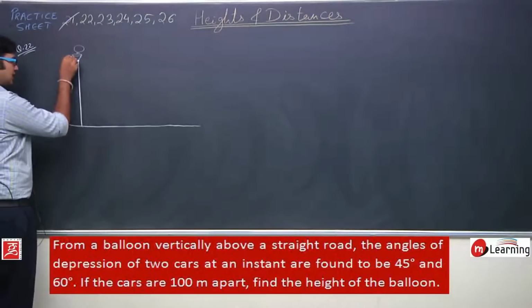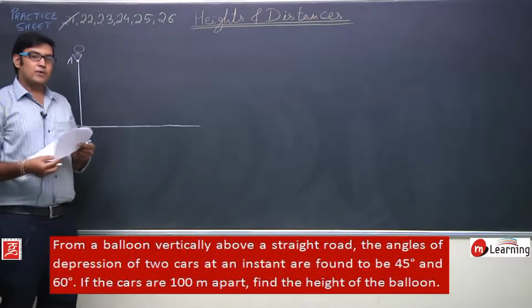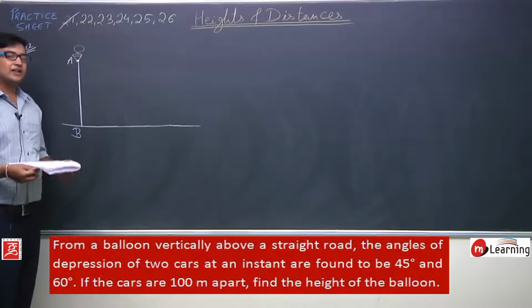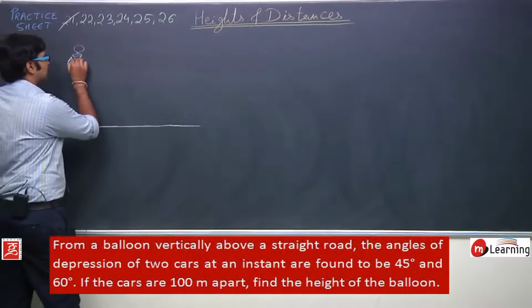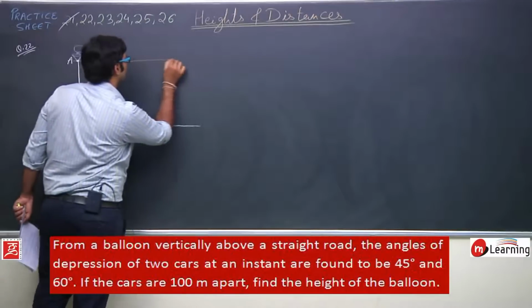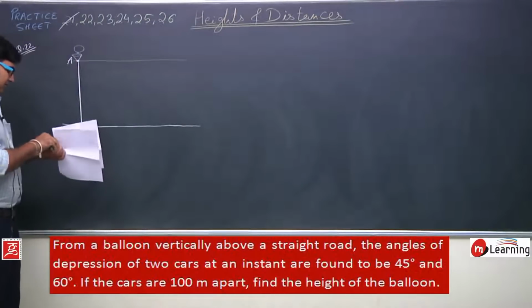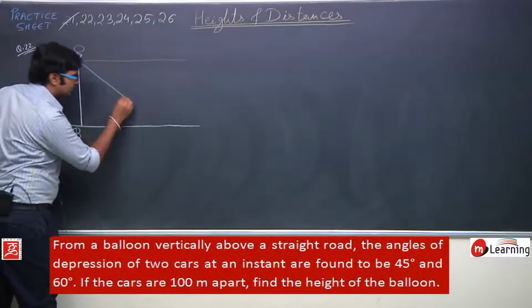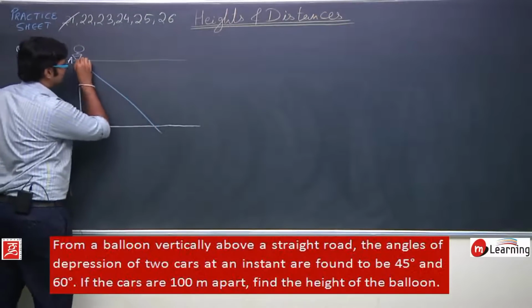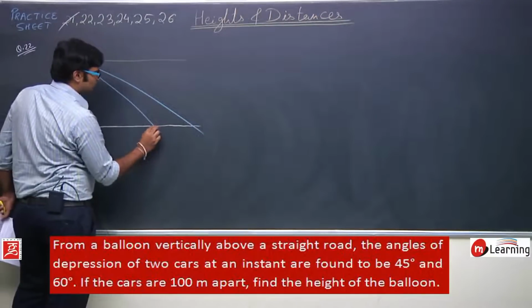This is point A, let us say this is point B. So I am observing from this balloon, and for the angles of depression, first let us draw a horizontal line from this balloon. This is a horizontal line, and there are two cars on the road. First one is like this and second one is like this. So these are the two cars.